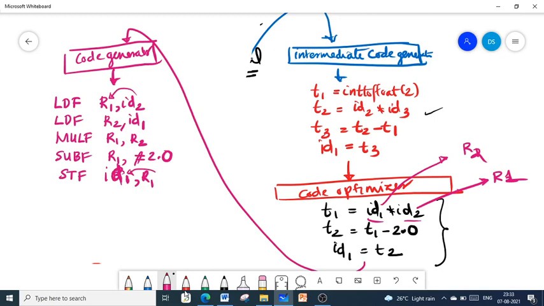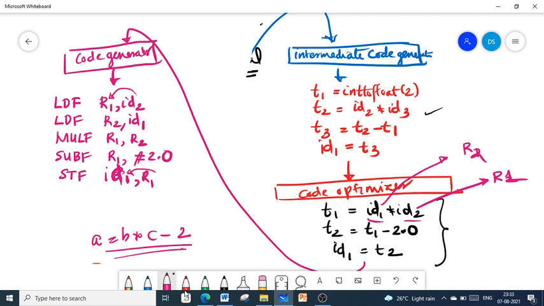So the final compiled code for the given statement a equal to b star c minus 2 will be produced like this. Hope it is clear.